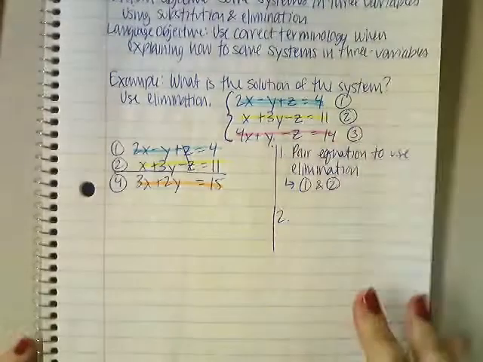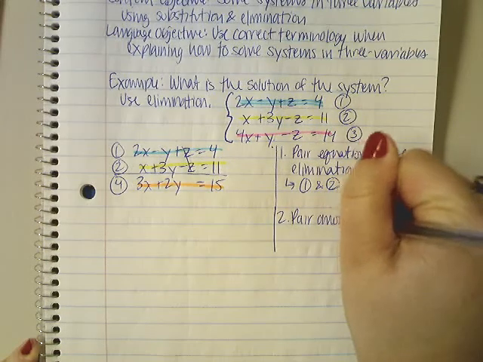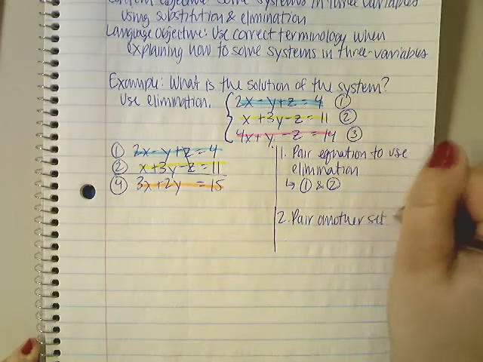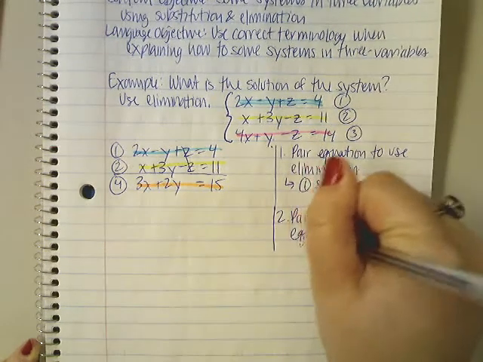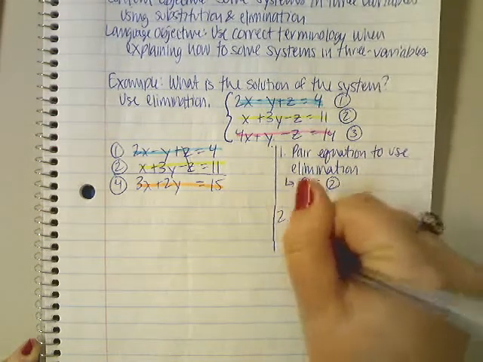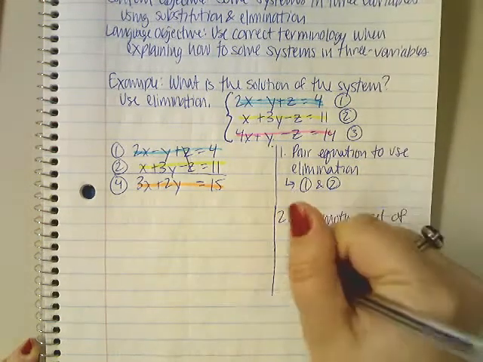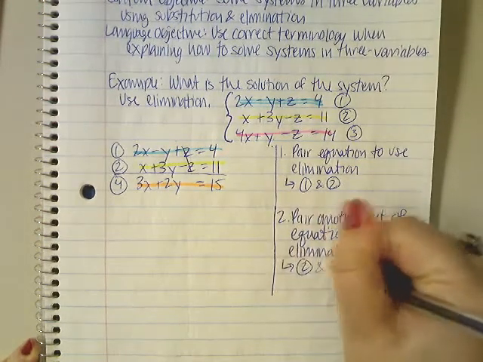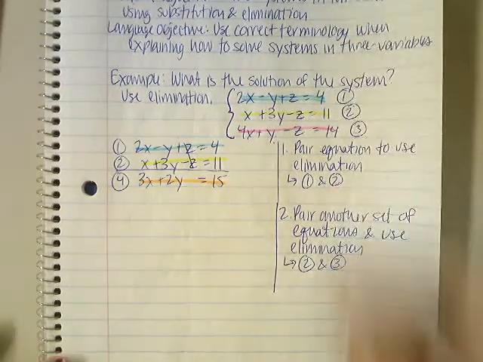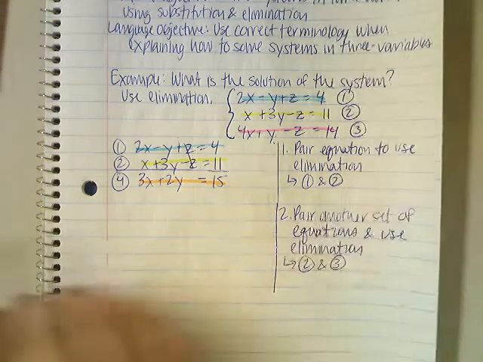Step 2, I'm going to pair another pair of equations and use elimination again. This time I'm going to use equations 2 and 3. I already used 1 and 2, so I can't use 1 and 2 again. I'm going to use 2 and 3 this time.